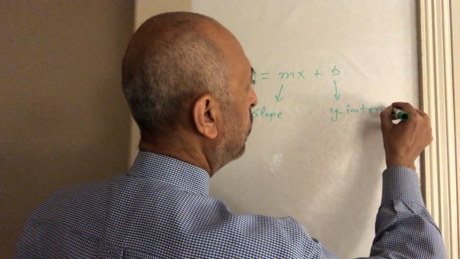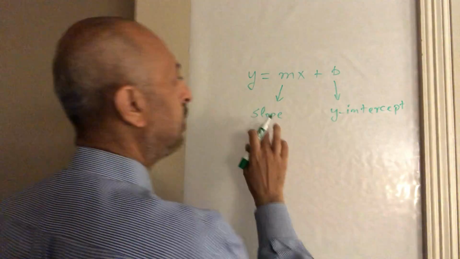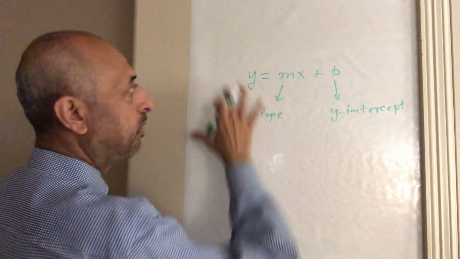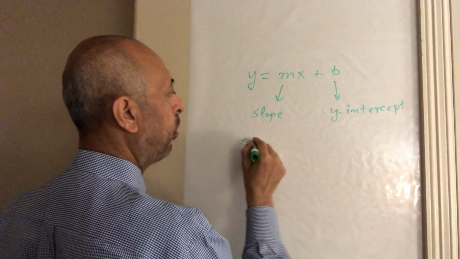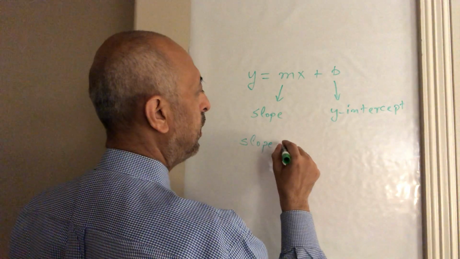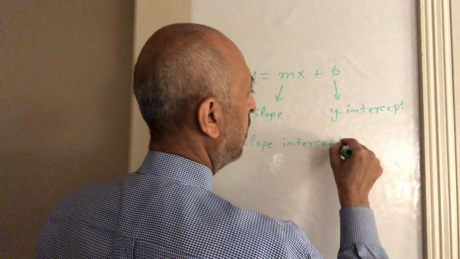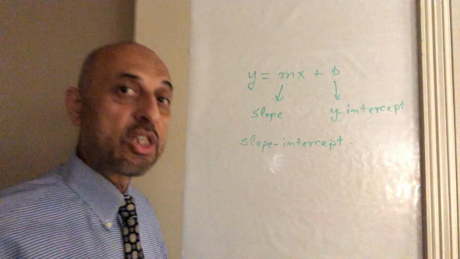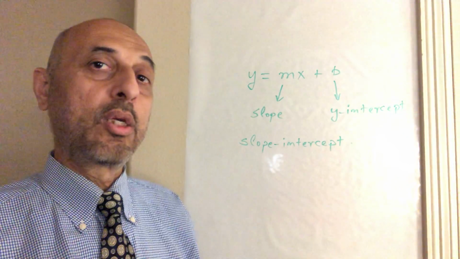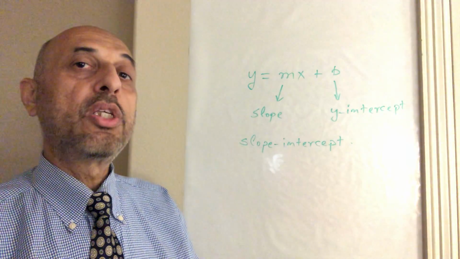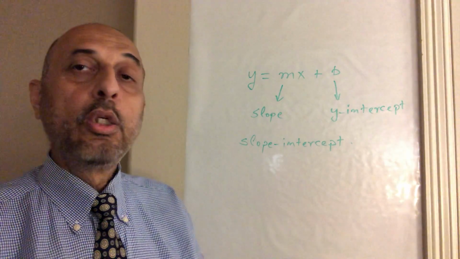So we take the two words slope, intercept, and call this form of the equation slope-intercept form. This is not the standard form of a linear equation, but this is the form of the linear equation which is the best one to be graphed.